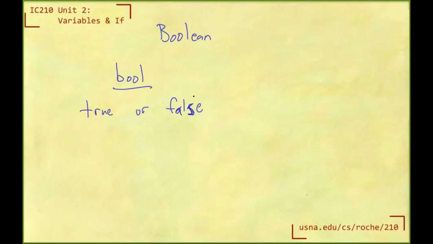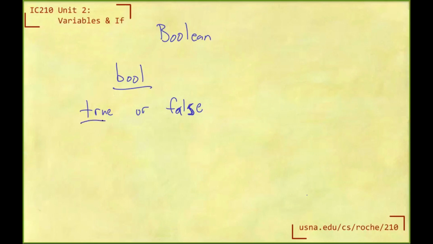So, you know, an int can be any number up to the billions, positive or negative. A char can be any kind of ASCII letter. A string can be a whole lot of things, any of our names, or a whole book could be in a string. But a bool can only be two values, a true or a false. So this is going to be really important actually when we get into if statements in a little bit.